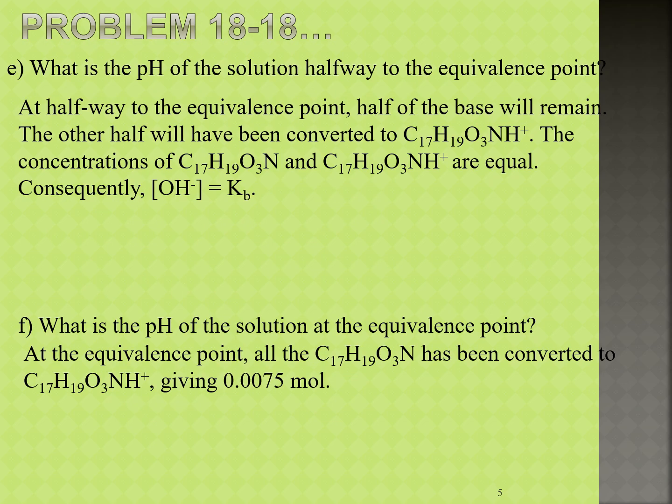So now we want to figure out what is the pH of the solution halfway to the equivalence point. And as we worked out earlier, right halfway to the equivalence point, we are going to have an equal amount of the weak base and its conjugate acid, and we decided then that the pH was equal to the pKa.